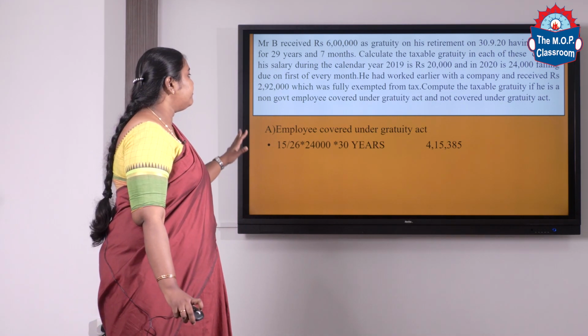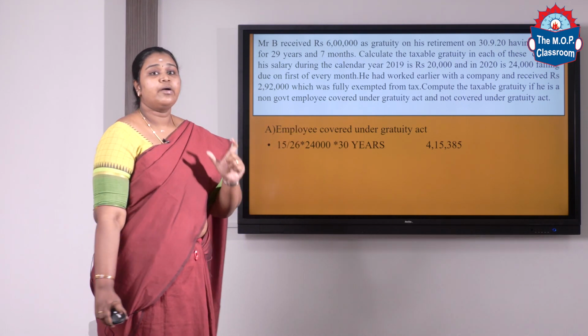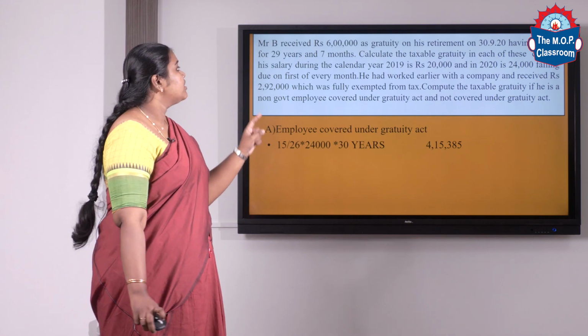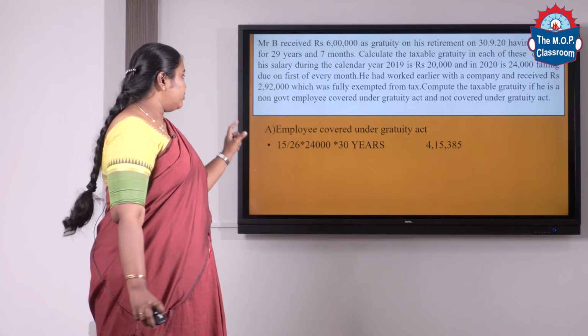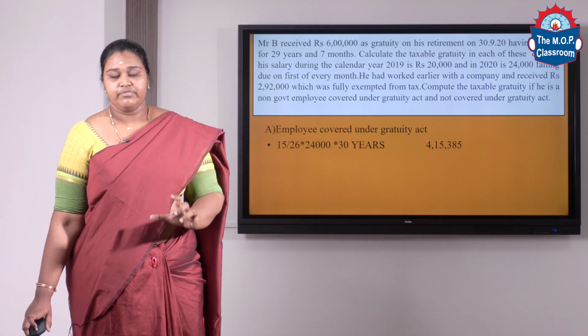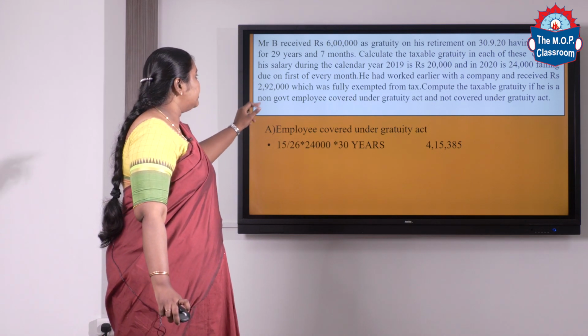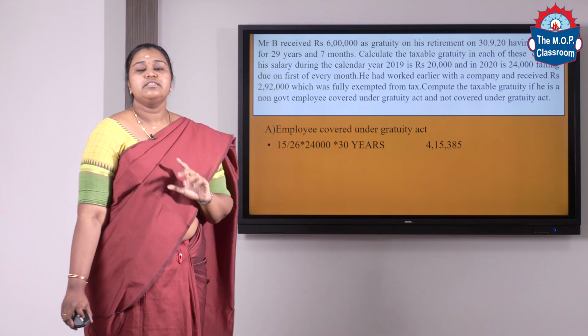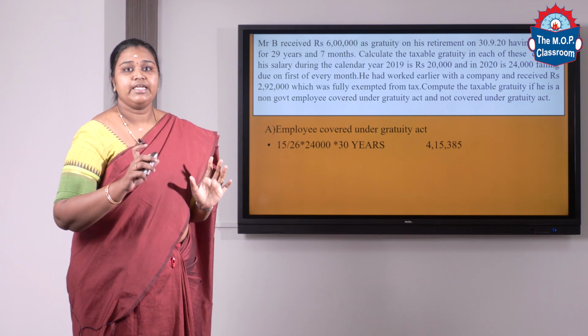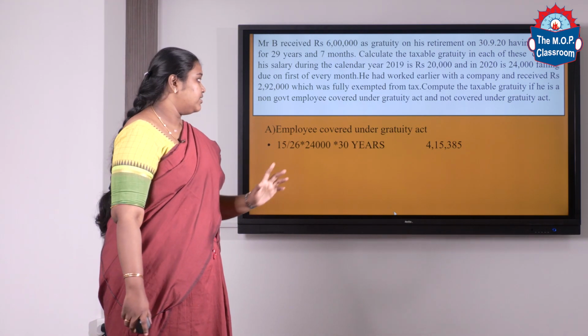So, here it will be 15 divided by 26 days into last drawn salary, which is 24,000, into completed years of service, where we will include months. Here it is 29 years and 7 months. Since it is more than 6 months, we will take it as the next year. So, I am considering the service as 30 years.